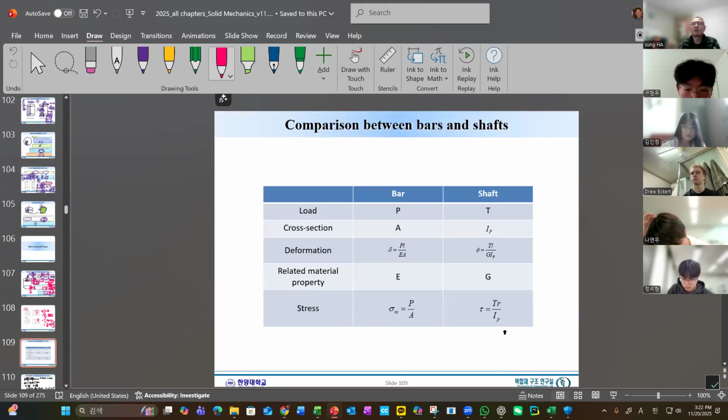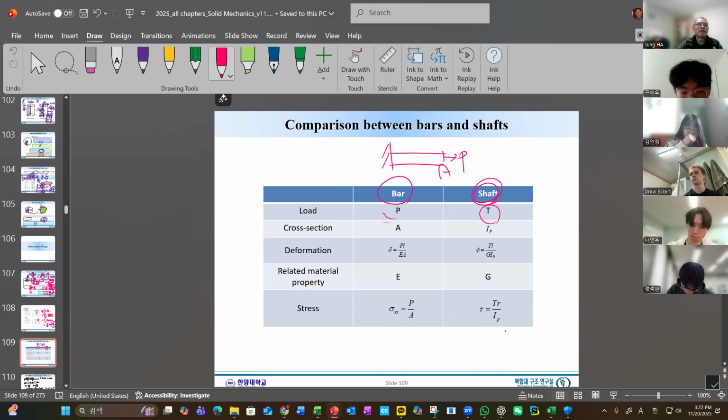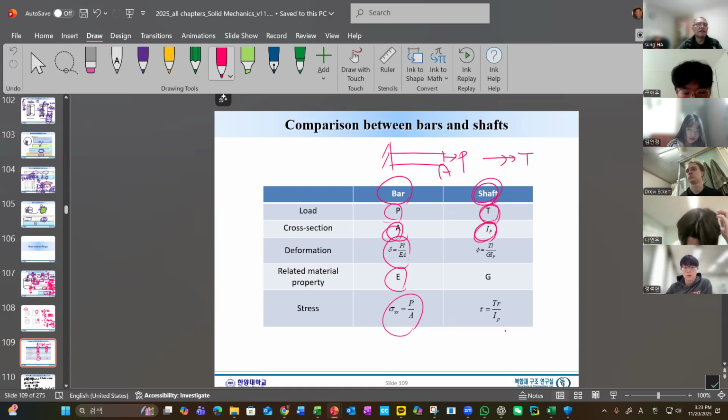So try to get the analogy between the bar and shaft. In the shaft, we apply the torque T instead of, in the bar, we apply just P and A, right? And the delta is like that, Young's modulus, and like this. And in the shaft, we apply the torque T, and then instead of a cross section A, we have Ip, and the deformation instead of PL over EA, we have TL over GIp.